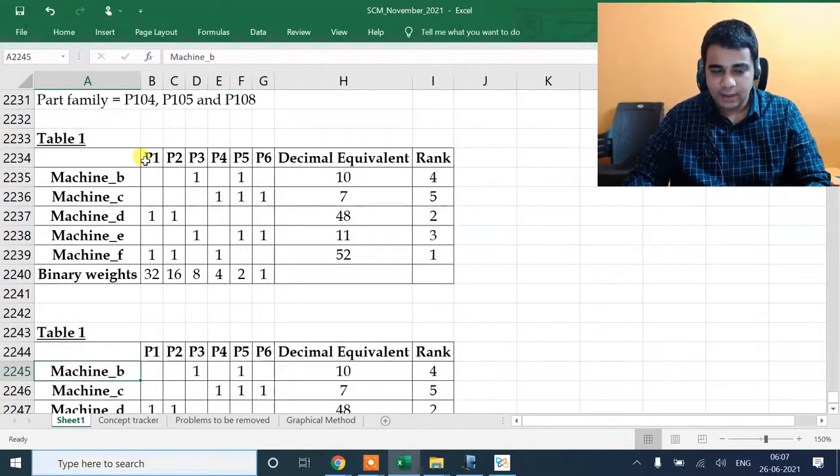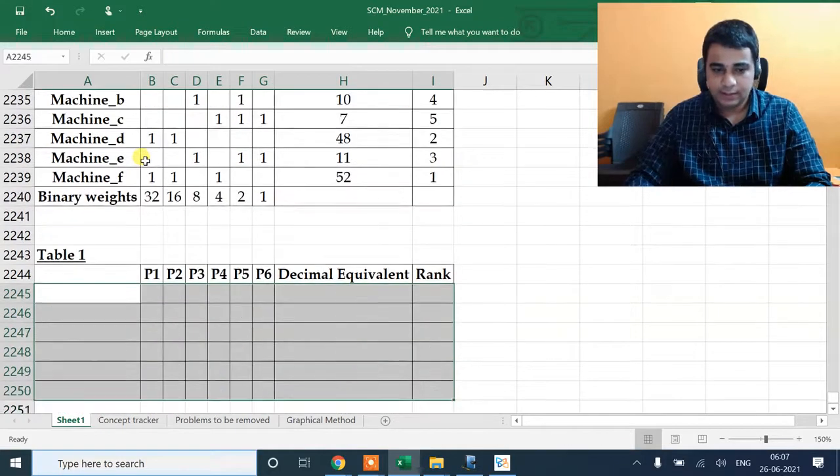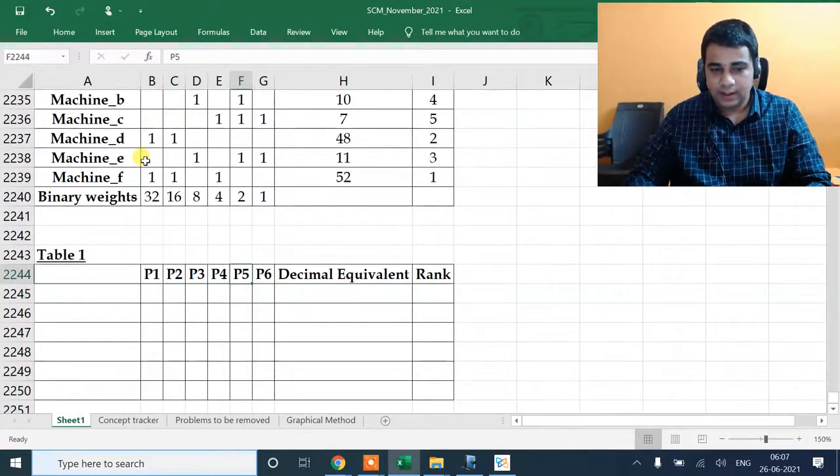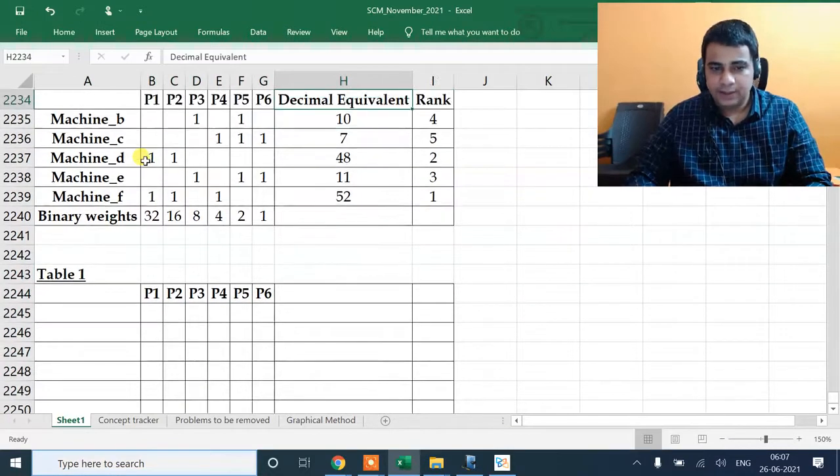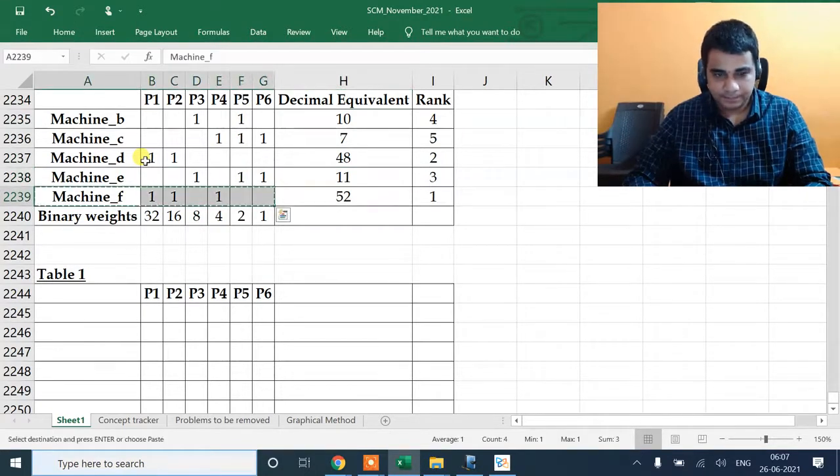Now in the second one I'll have to first rearrange this. This order will not work. Whatever order we earlier had is not going to work. P1, P2, P3, P4, P5, P6, no change as of now. But machine ordering will be like this. First is machine F. Second is machine D and E, 2 and 3.